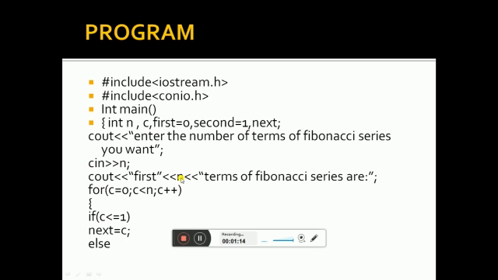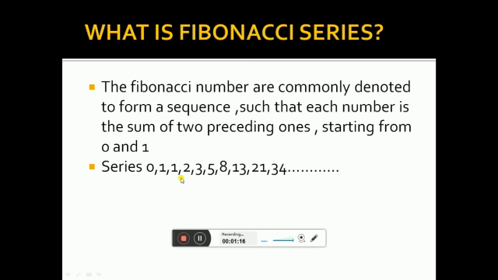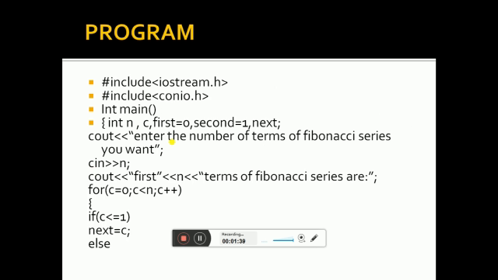When we add 1 and 1, we get the number 2. When we add 2 and 1, we get the number 3. In this way the series proceeds and we get the whole Fibonacci series. So I hope you understand what exactly the Fibonacci series is. Basically, it starts from two numbers, that is 0 and 1.